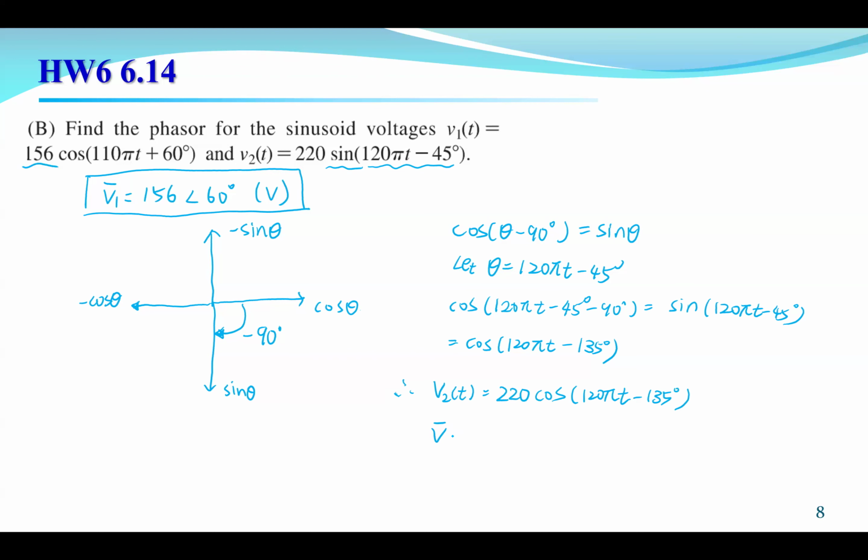So the phasor of V2 equals its amplitude 220 and its phase is minus 135 degrees, and the unit is volt. So this is how we convert sine to cosine, in order to write down its phasor representation for a sinusoidal function.